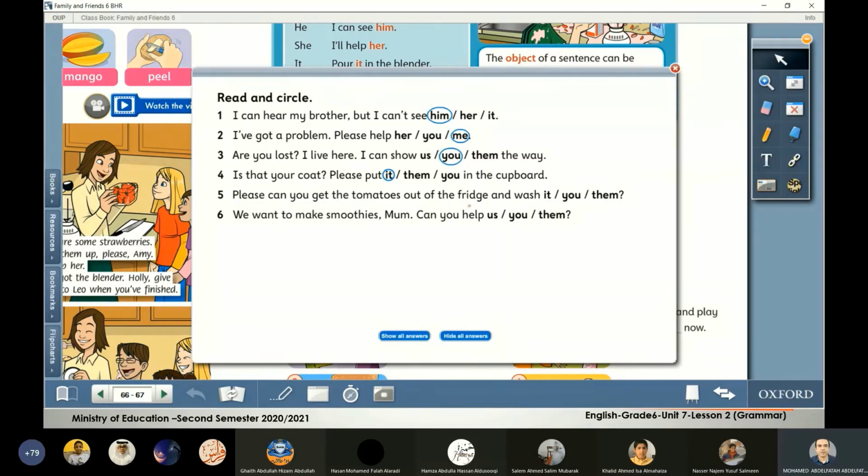The sentence again: please, can you get the tomatoes out of the fridge and wash what? Wash it, wash you, or wash them? Wash them. Bravo. The object here is tomatoes, and tomatoes is plural, so you have to use the object pronoun them.